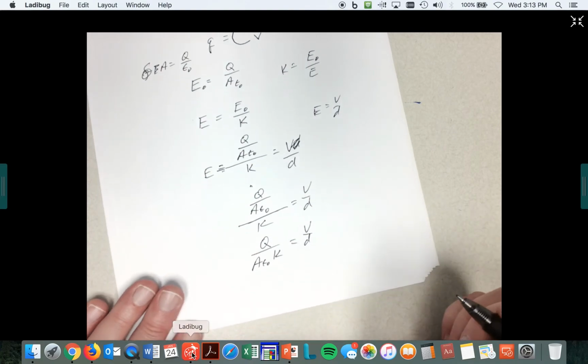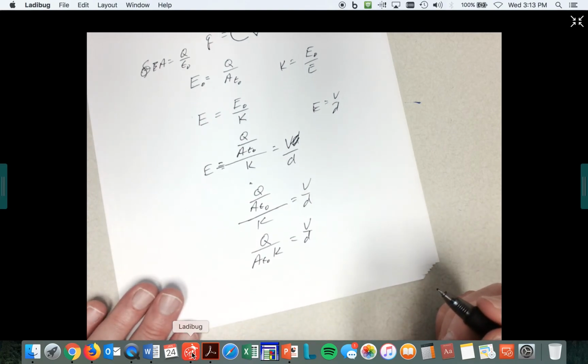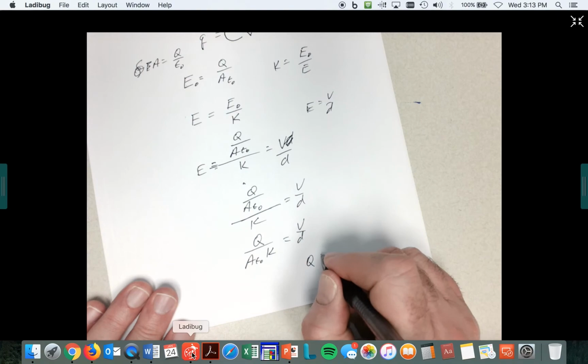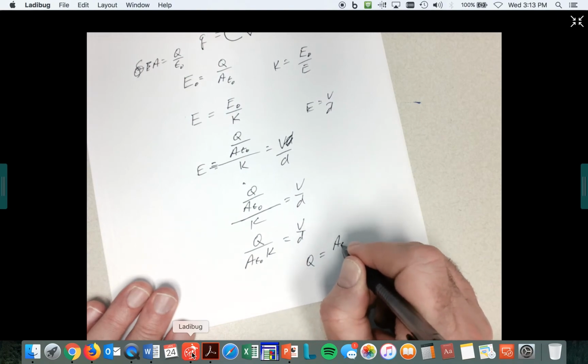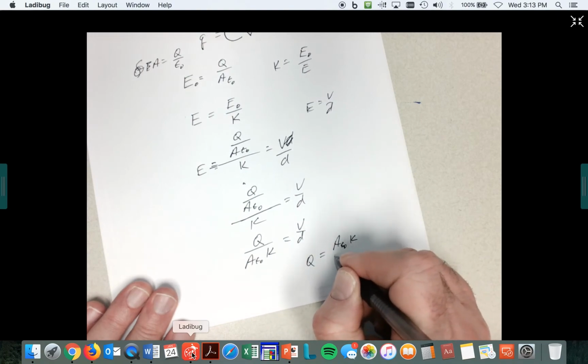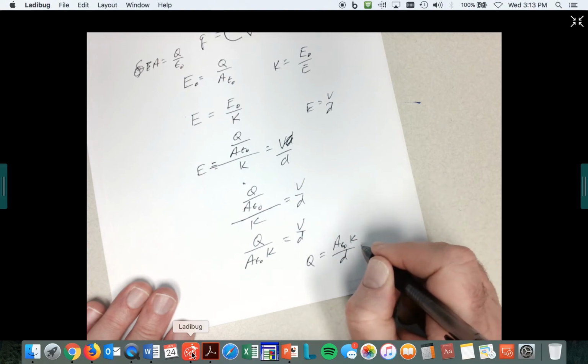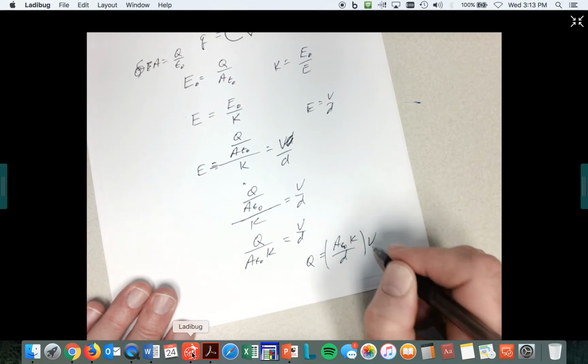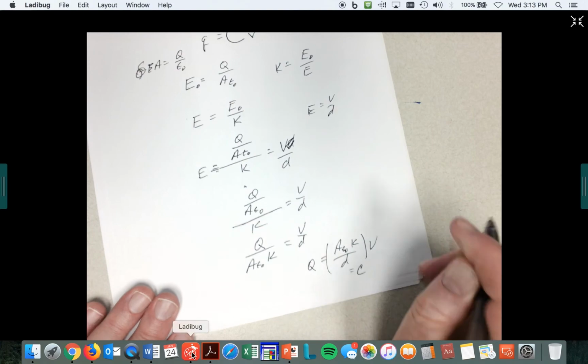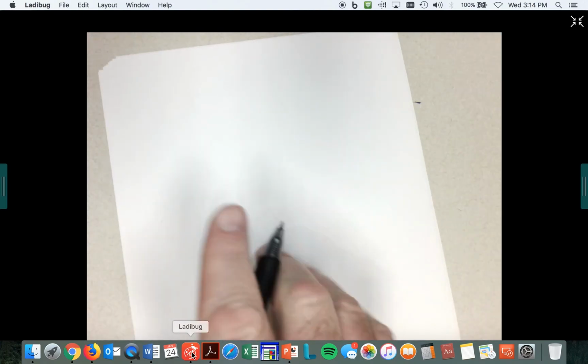All right, so Q is equal to A epsilon naught K over D times V. So this is equal to my capacitance. So that's your big formula.